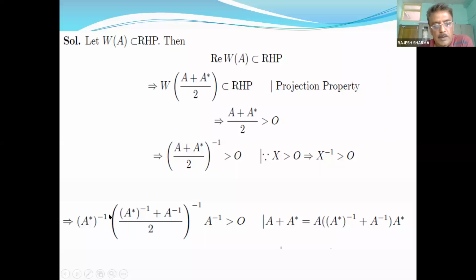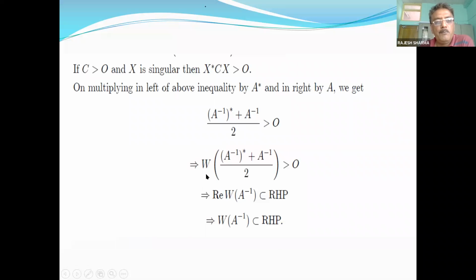Now, if A is positive definite, then X star A X is also positive definite. So here we can multiply with A star on one side and with A on the other. So we get (A inverse star plus A inverse)/2 is positive definite.